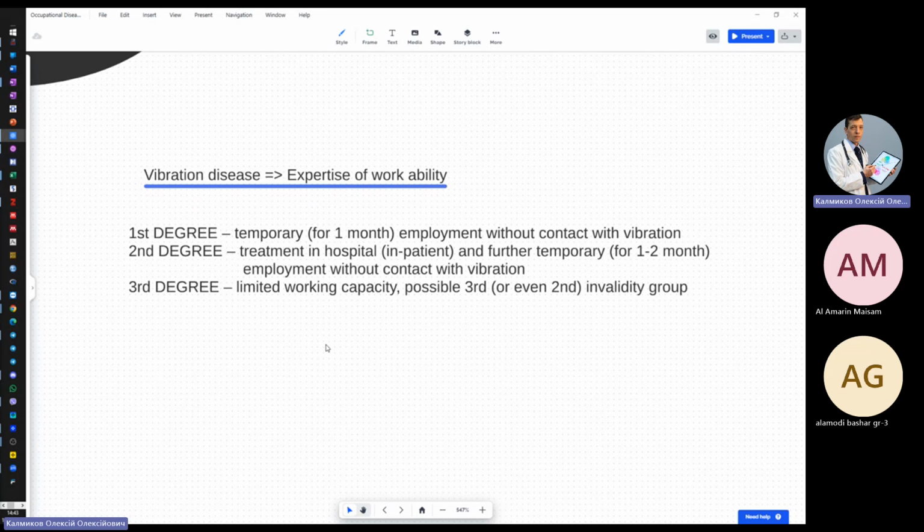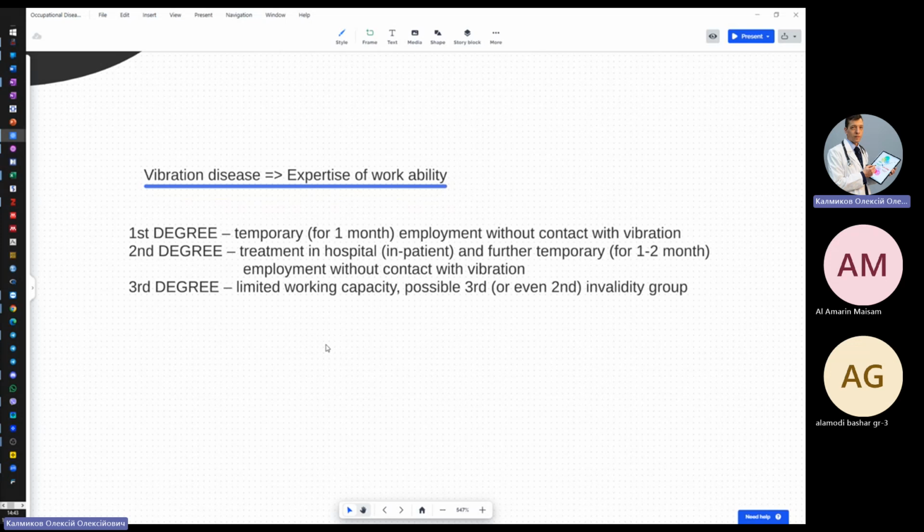So 2 months came, and if after this we detect the full restoration of everything, we may let him continue to work in the same occupation, but obligatorily with all the needed hygienic measures. Or if it is impossible, reasonable employment for the rest of his life.